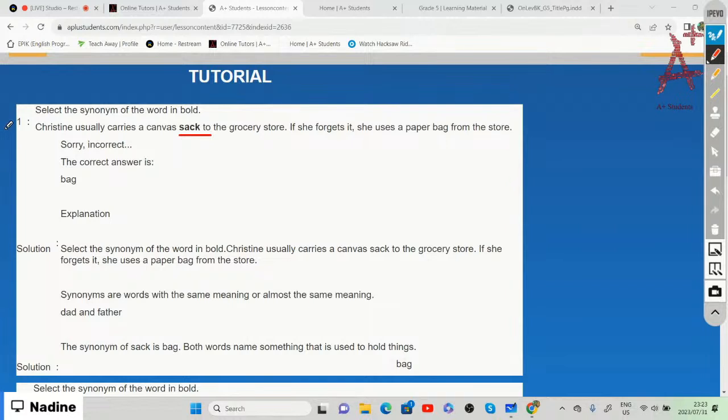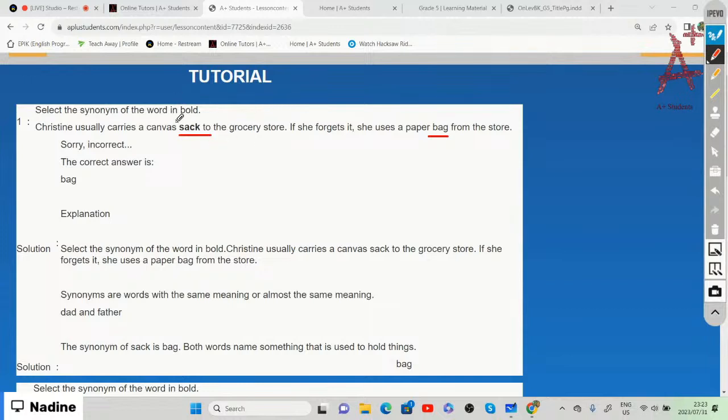She goes to the store and she carries a canvas sack. But if she forgets that canvas sack, then she uses a paper bag from the store, which means that sack is similar to bag, whether it's a plastic bag or a paper bag from the store.